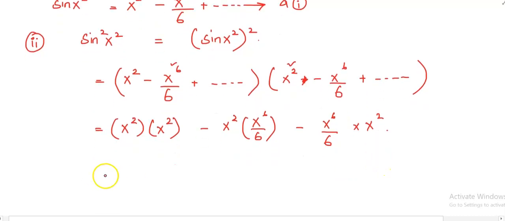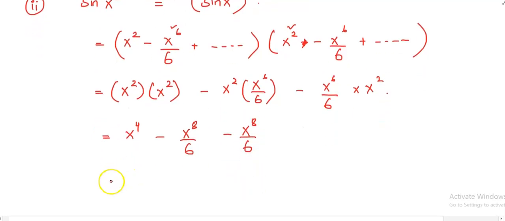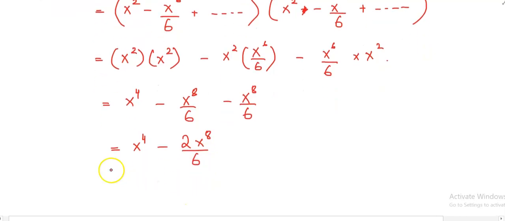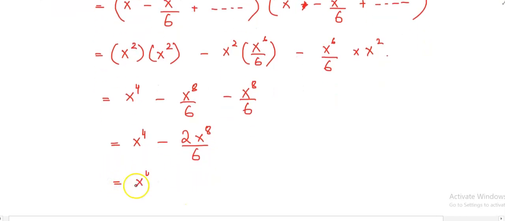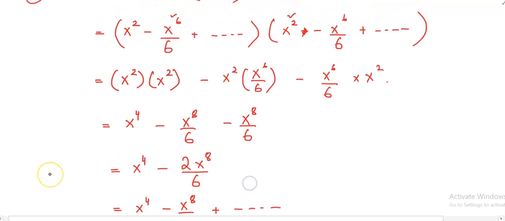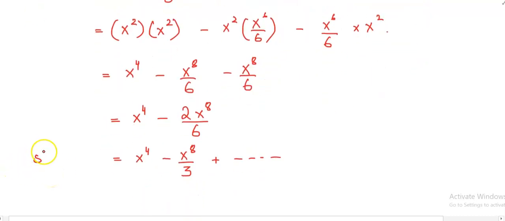So ultimately I have x to the power of 4 minus x to the power of 8 divided by 6 minus x to the power of 8 divided by 6, which is x to the power of 4 minus 2x to the power of 8 divided by 6, and I can write that as x to the power of 4 minus x to the power of 8 divided by 3 and so on. So this is the expansion for sine of x squared, whole squared.